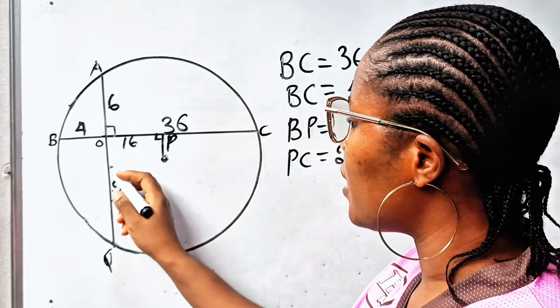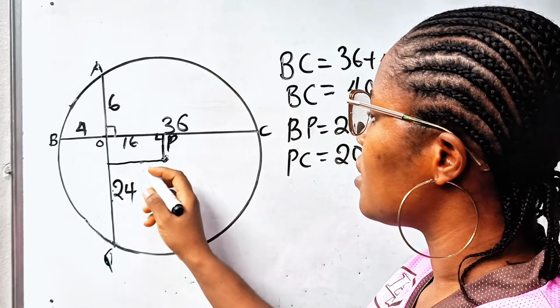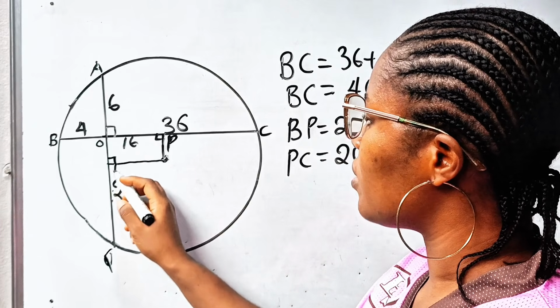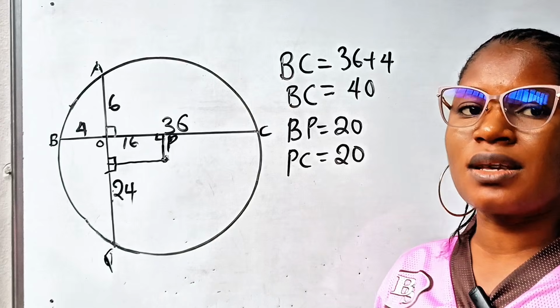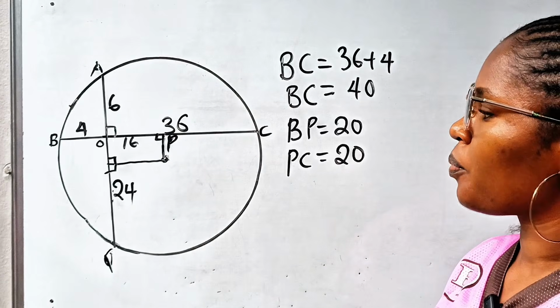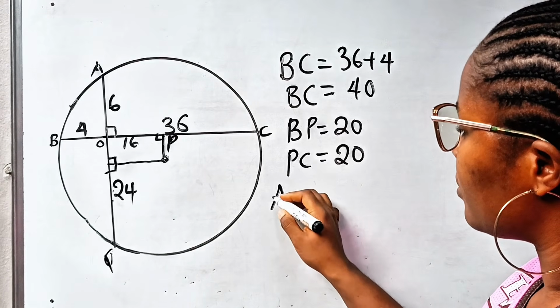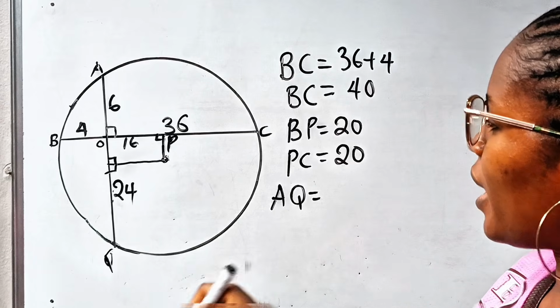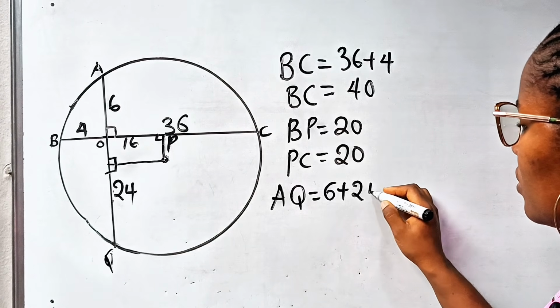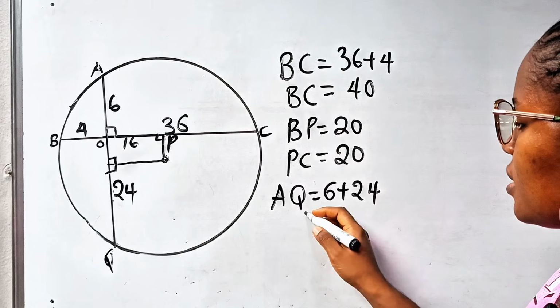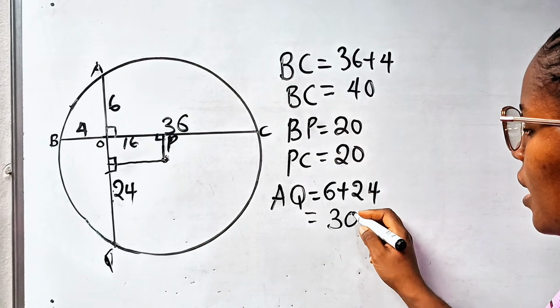So if we do that, we are going to have this. So this is also perpendicular to AQ, meaning that it also bisects line AQ. Now let's check. Line AQ will be 6 plus 24, meaning that this is equal to 30.